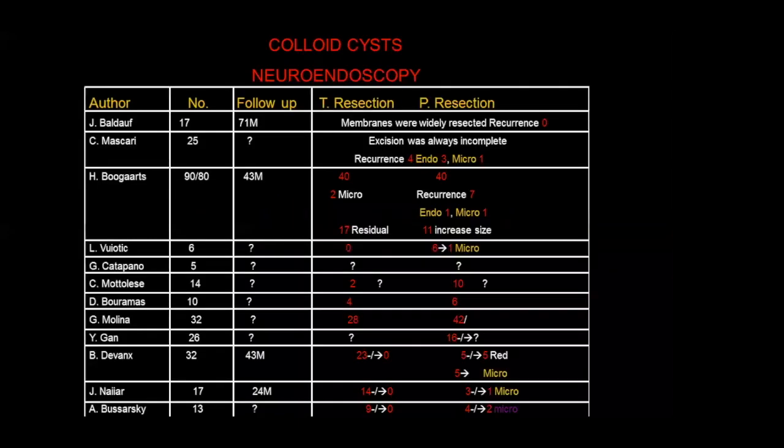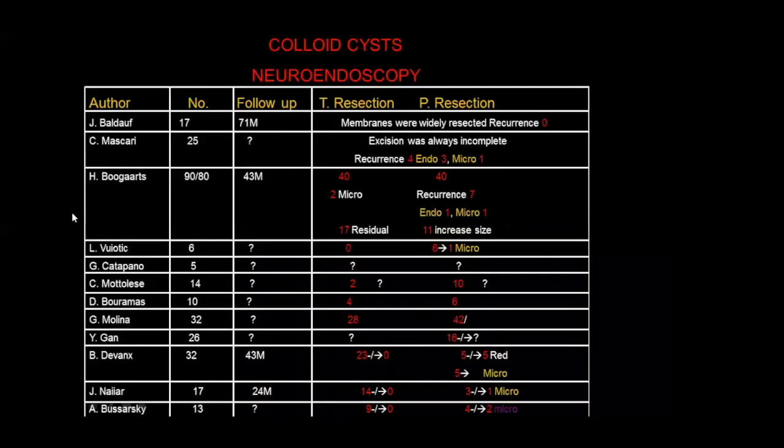Let's see endoscopy. I always keep saying that in the hands of endoscopists lies the future of neurosurgery. We are really living the era of endoscopy, but the learning curve is long. We need time, but endoscopy is a very useful and interesting way of doing things. And these are some of the papers published about neuroendoscopy, the number of patients, the follow-up, and the total or partial resection.